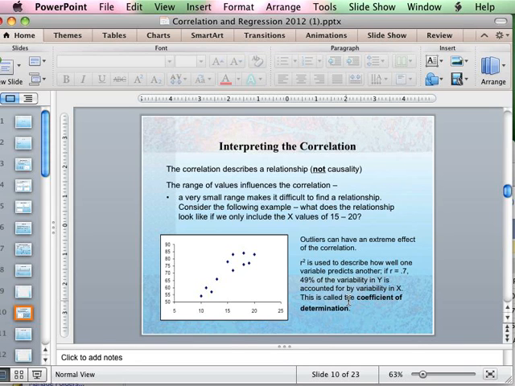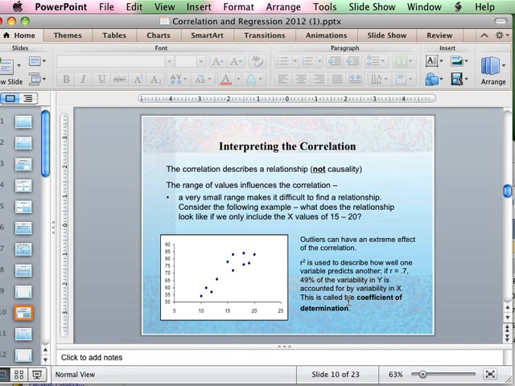And r squared again was the percentage of variance in one variable that is explained by another variable. So like the correlation between ACT scores and college GPA being about 0.5. Well, if I square that 0.5, I get 0.25. And that means that 25% of your college GPA can be explained by your ACT score.